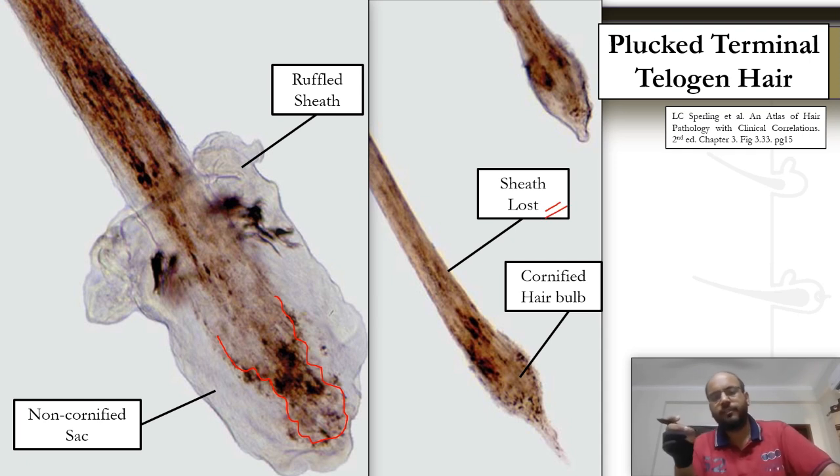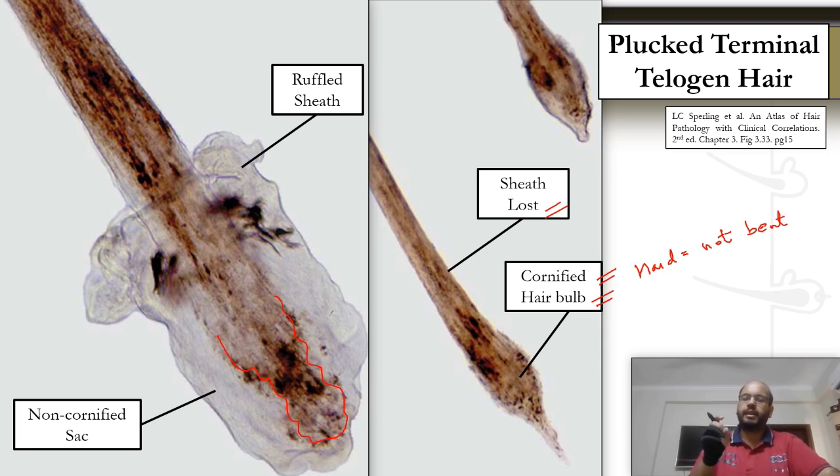Because the attachment between the hair shaft and the sheath is lost. So when you pluck them out, the sheath remains inside the scalp and the telogen hair comes out. You can see a cornified hair bulb which is hard and therefore not bent. So it's a straight, non-bent hair bulb which is hard. Why? Because it has undergone cornification. Clear? Let's move forward.